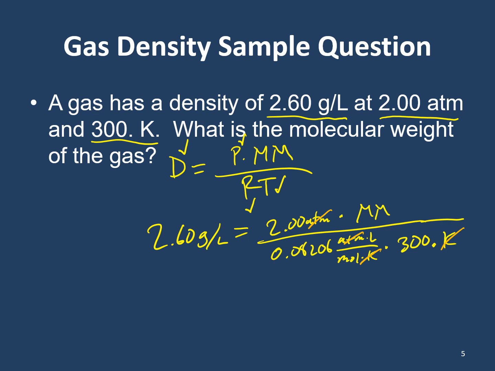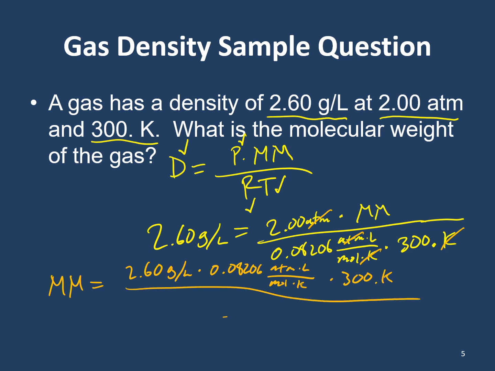Now if we isolate this out, we get that the molar mass of our gas is equal to 2.60 grams per liter times 0.08206 atmospheres liters over moles Kelvin, times 300 Kelvin, all over 2.00 atm.